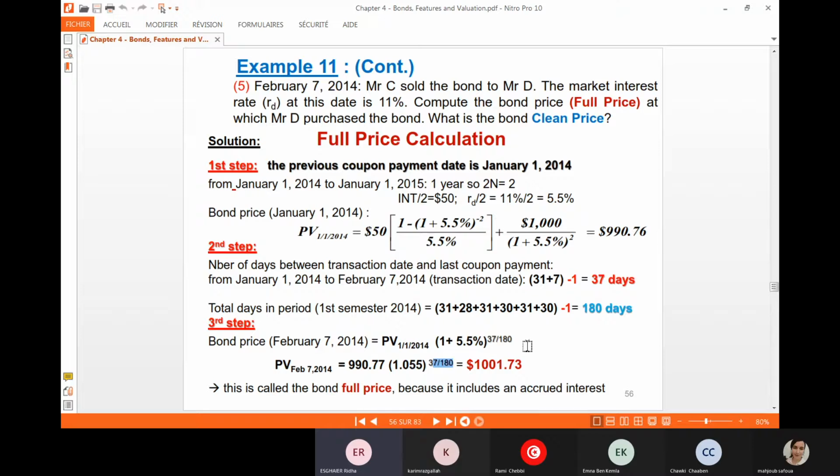This full price is equal to the clean price, the price without the accrued interest, plus the interest accrued. To compute the interest accrued, we know the interest for the semester, which is $50. $50 represent the interest for 180 days.